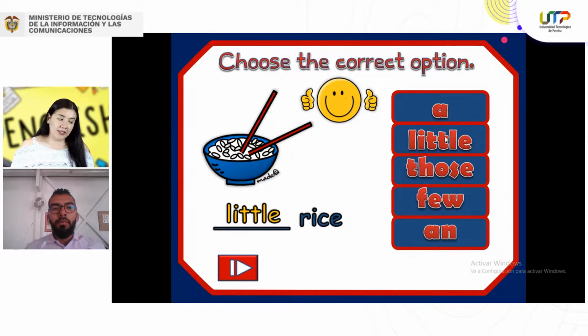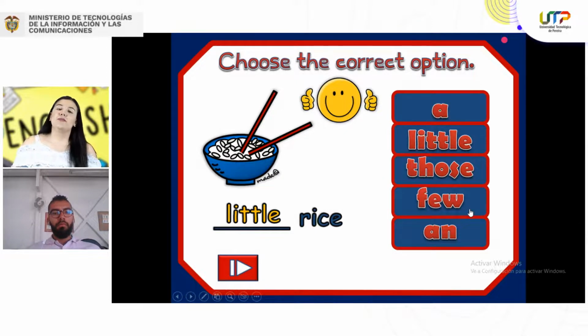Es el único que tenemos aquí en las opciones que funciona para uncountable. Si vemos, hay otro que no hemos visto en los ejercicios previos y es few. Few lo usamos para countable nouns if it is plural, okay? So we can say, I have few apples, for example. Yeah, that is for plural nouns.